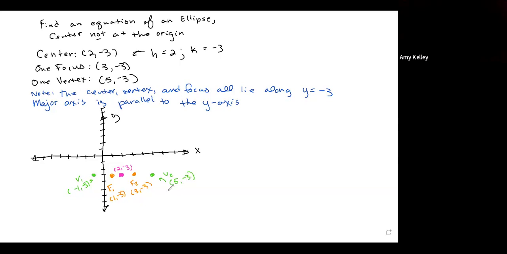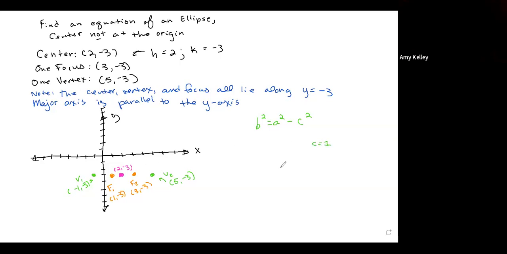All right, so we're in pretty good shape here. I do need to get coordinates to help me identify my points on the minor axis. And I can use that equation, b squared equals a squared minus c squared. In this case, distance from center to focus is 1, so that means c equals 1.